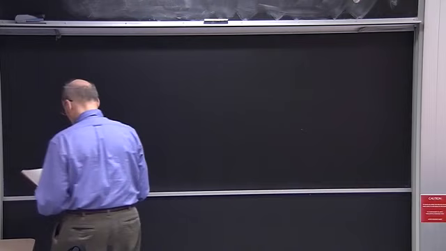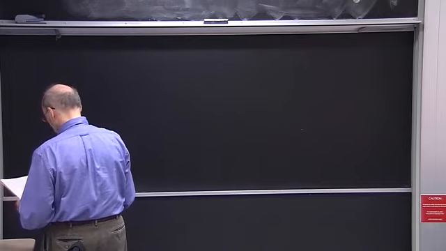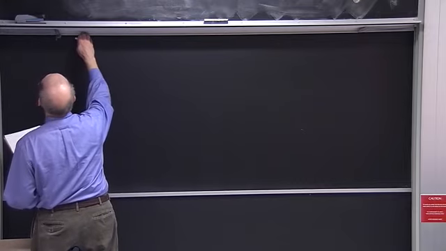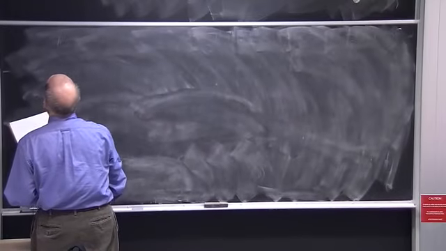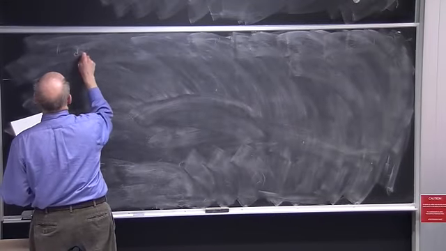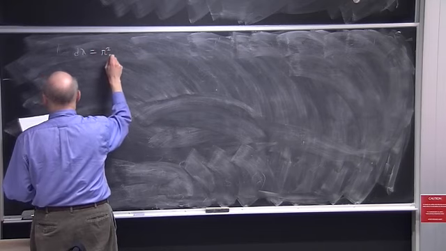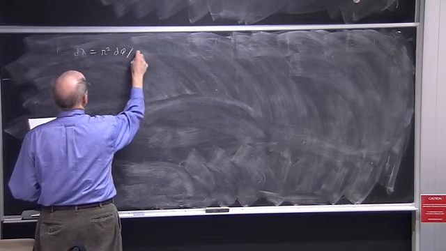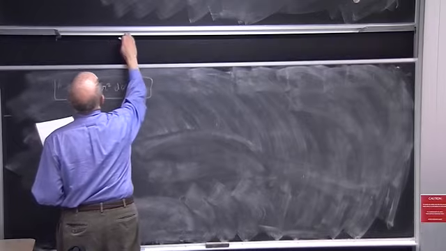Okay, so the equations that we had were d lambda equals r squared d phi over J. Oh, I guess I should recall the definitions.